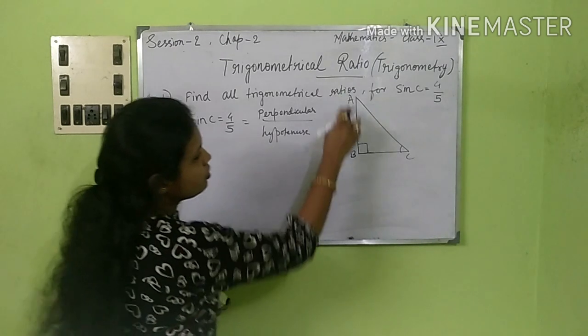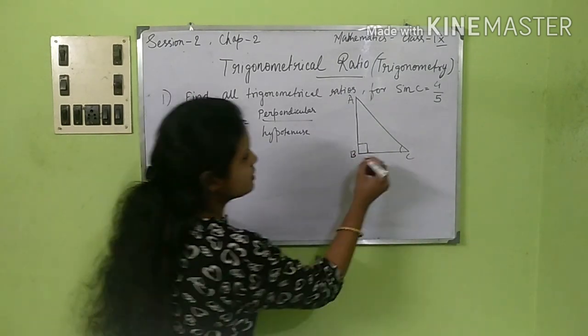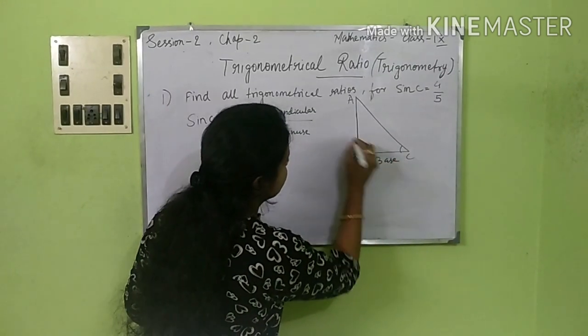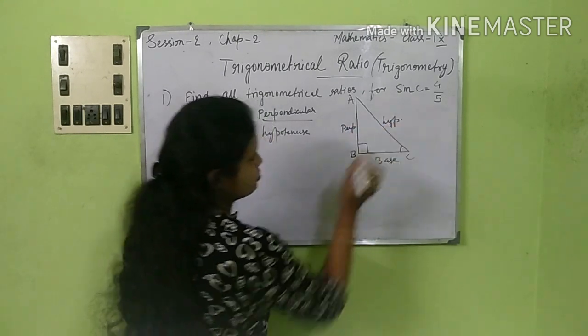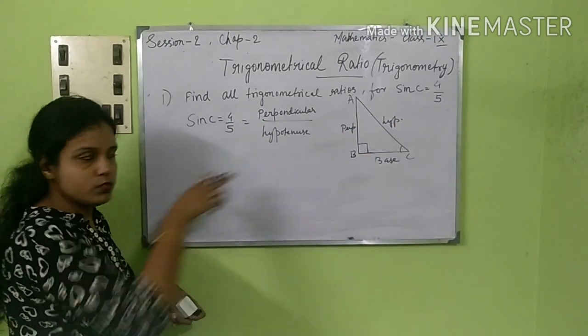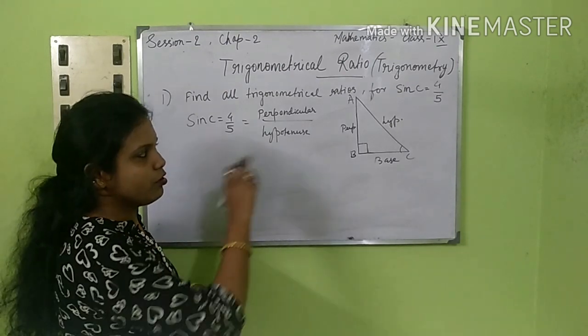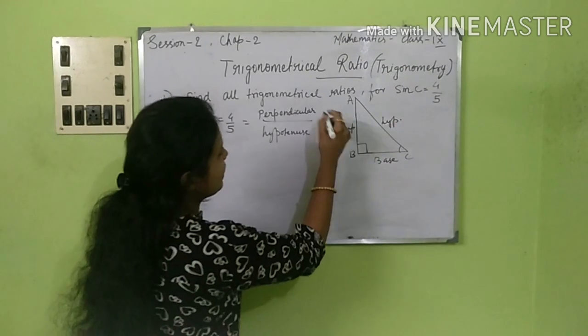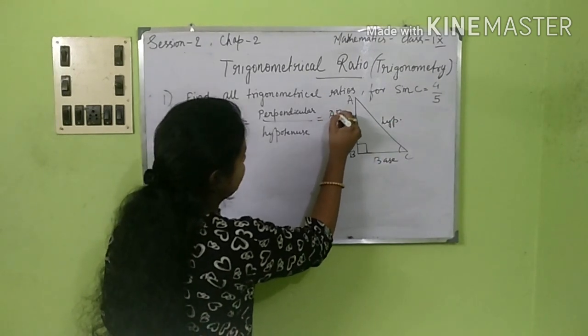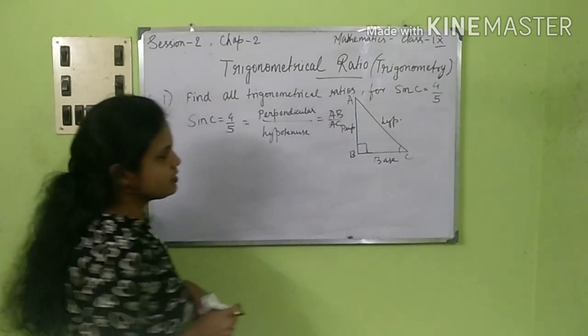Now, which is the perpendicular? This AB, since here this is the base, this is the perpendicular, and this is the hypotenuse, right? I'm writing in short forms, but you please do not write in short forms, okay? So that means AB by AC, right?